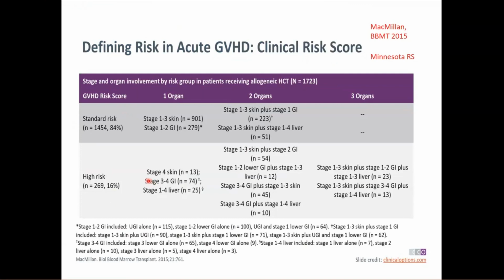The Minnesota Risk Score defines patient subgroups which will respond poorly at day 28 of response and which have a higher TRM and a higher overall mortality.